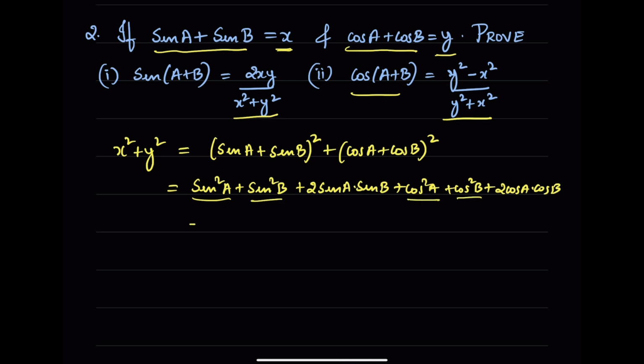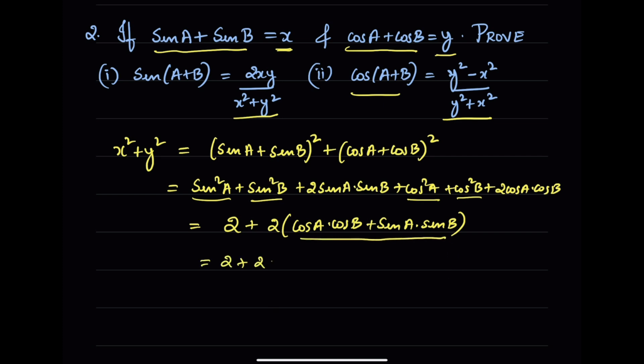So we'll have 1 plus 1. So we'll have 2 plus 2 times cos A cos B plus sine A sine B. This is cos of A minus B. So we will have 2 plus 2 times cos of A minus B. So this is the value of x square plus y square.